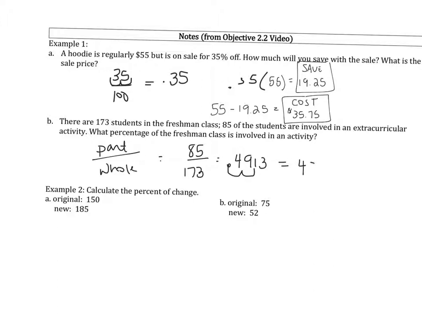So 49.13%. So you might want to write that down on your paper. To go from a percentage to a decimal like we did on A, we moved to the left. And to go from a decimal to a percentage, we move 2 to the right.